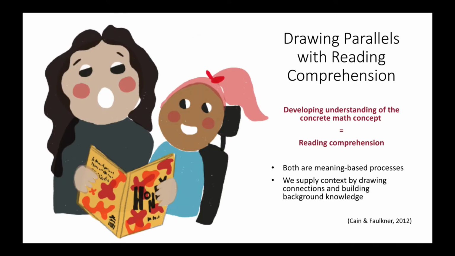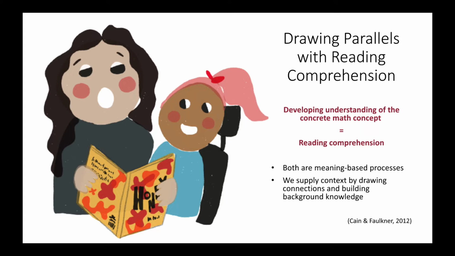Kane and Faulkner talk about applying the same strategies that we use for teaching reading comprehension to teaching the concrete understanding behind the numeral. And I think this is a really nice parallel to draw.